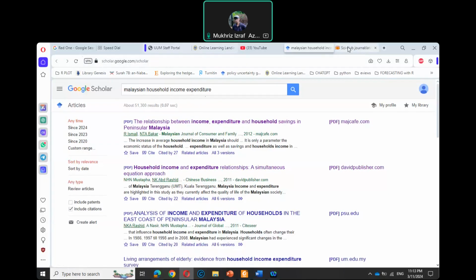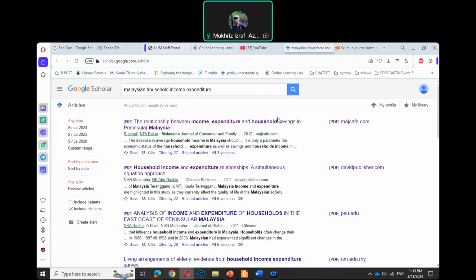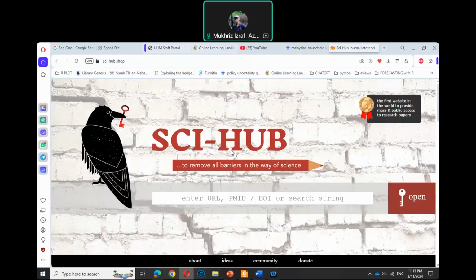And also I think if you're familiar with this website Sci-Hub. Sci-Hub ni ialah website yang boleh dapatkan artikel-artikel yang mungkin our library tak langgan, our university do not subscribe sebab mahal ke apa ke. So you can use this website, Sci-Hub ni, to download this article.